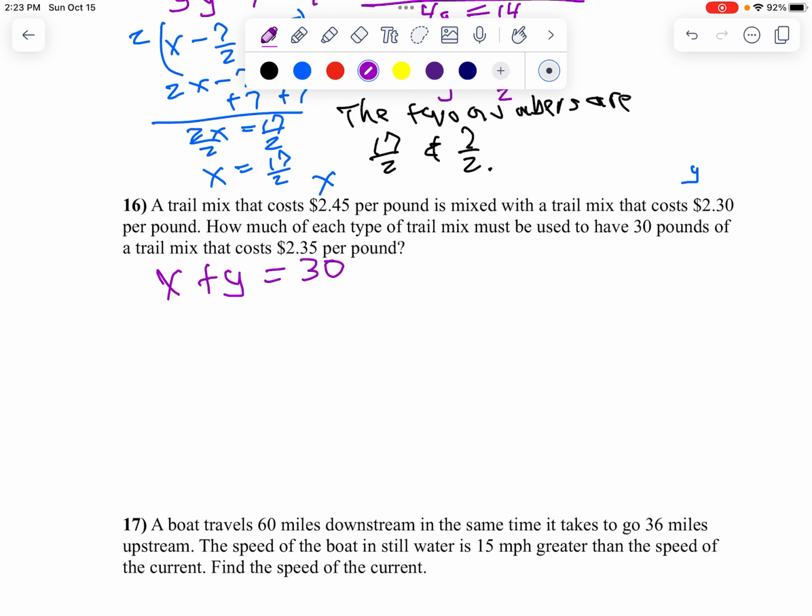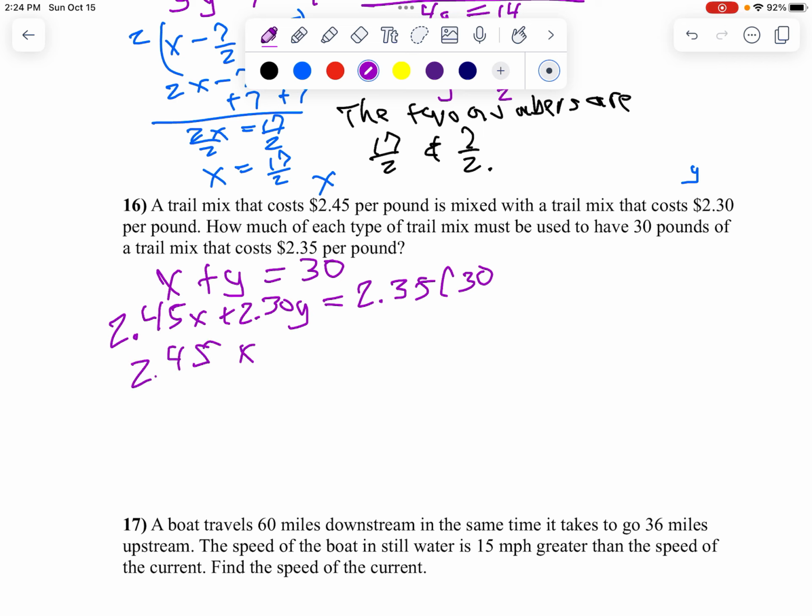And then now we'll write one for the money. So I'm going to put $2.45 for the first one, plus $2.30 for the second one. Notice that's going to give me $2.35 for the whole thing, which is 30. Well, I think I'm going to rewrite that second equation just by simplifying.